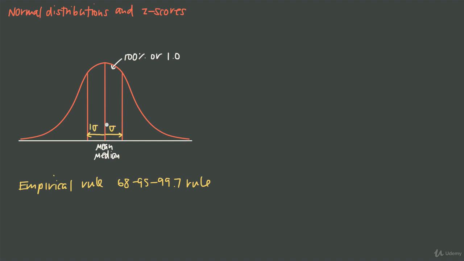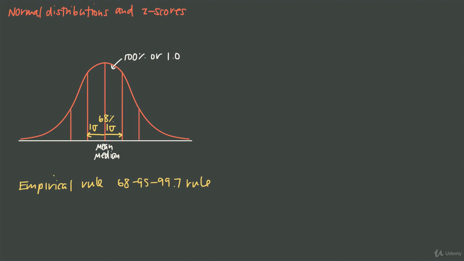So one standard deviation to the left, one standard deviation to the right. And what the empirical rule tells us is that 68% of all the area under the curve is going to be in this interval. So between these two outer lines here, between one standard deviation to the left and one standard deviation to the right of the mean, we're going to capture 68% of the area.